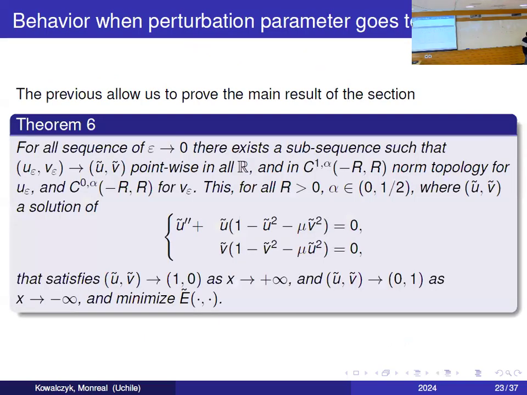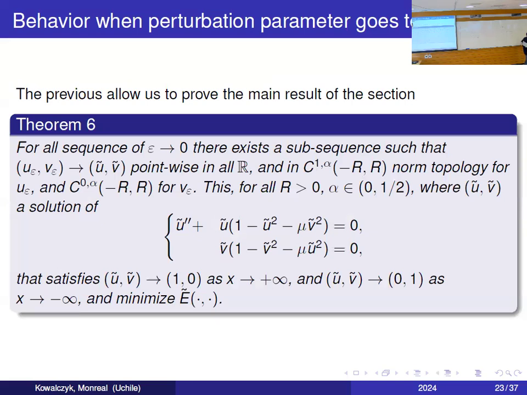So that allows us now to show the result that we want, which is the connection between the solutions. For every sequence of epsilon going to 0, there exists a subsequence that converges pointwise on the whole real line, in C^{1,alpha}_loc and C^{0,alpha}_loc for U0, U_epsilon and V_epsilon respectively.